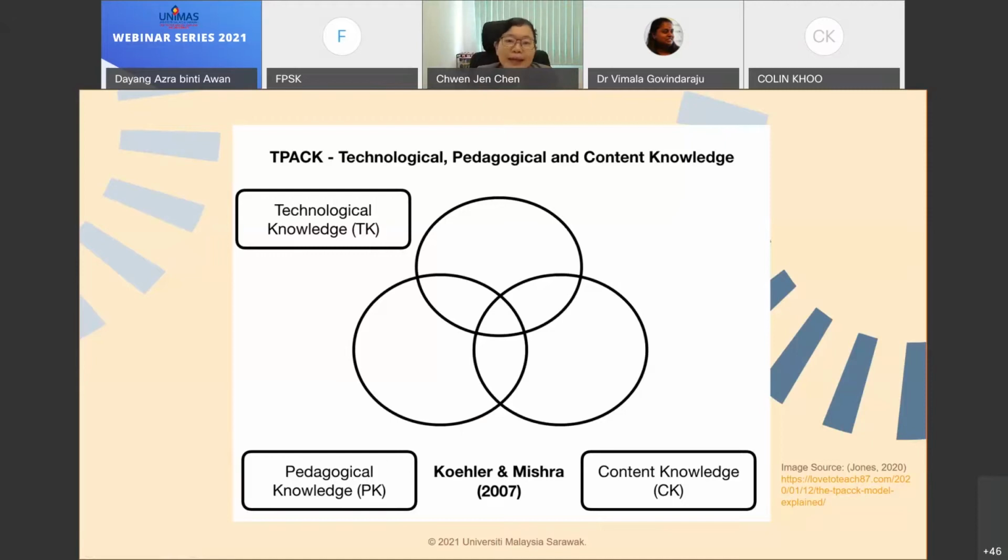And another domain, mentioned by Koehler and Mishra, who proposed the model way back in 2007, is the technological knowledge. So here you already see that there are three types of knowledge that you need to have. Definitely the earlier statement that only emphasizes the technological knowledge domain is inadequate.